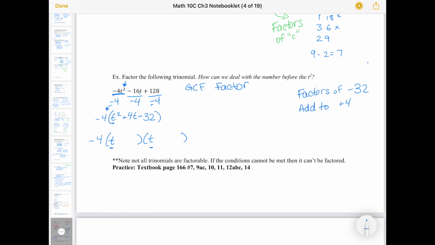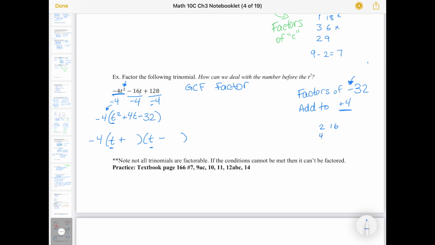So factors of negative 32. This is now a negative, so I'm going to be looking at one being positive and one negative. Again, I like to fill in my signs as I figure this out. It helps keep me on track so I don't mess anything up. And now factors of 32. Well, I know it's divisible by 2, so that's 2 and 16, but that's not going to get me to plus 4. Let's try something else.